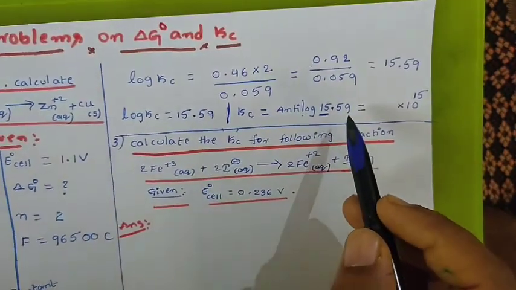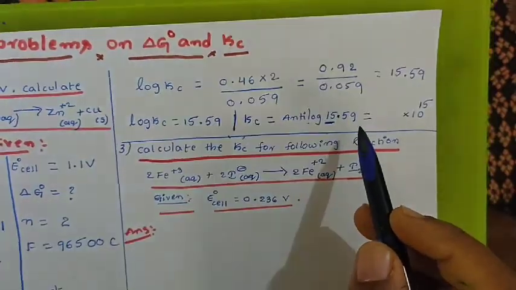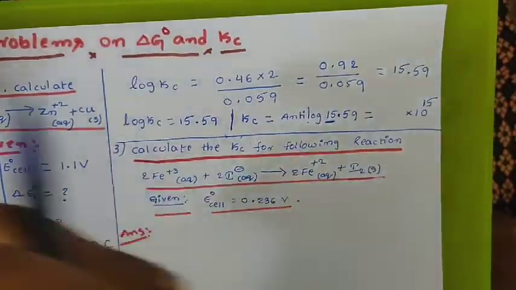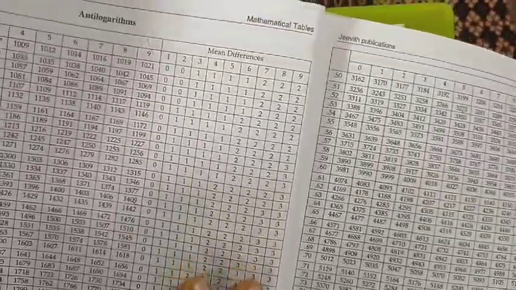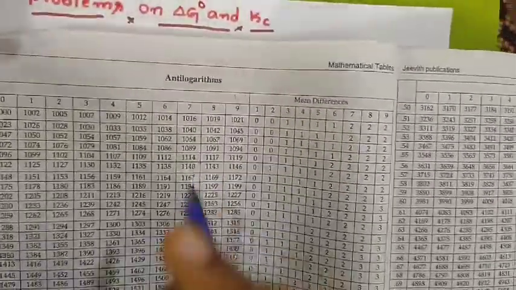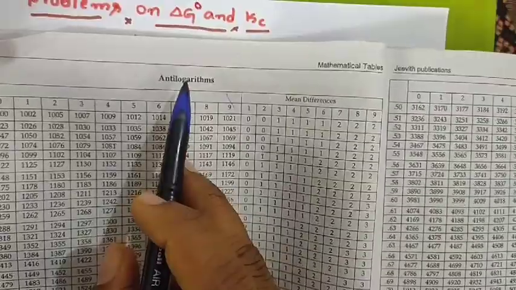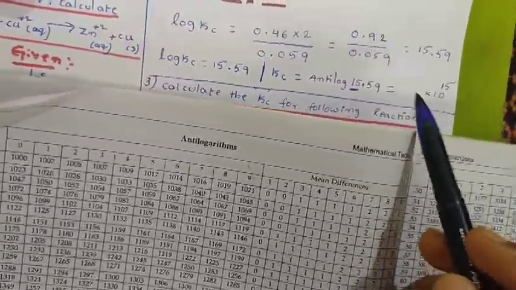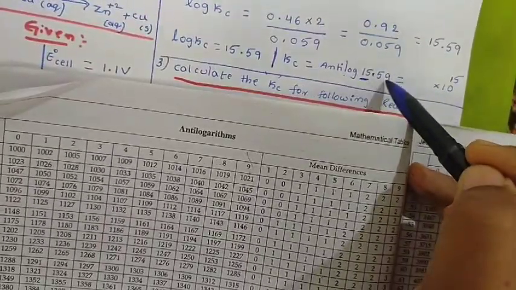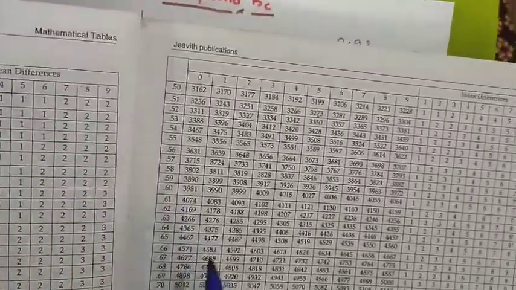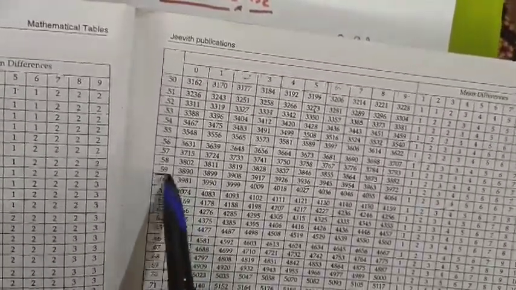Now we have 59. We have to take the anti-logarithm table. In this anti-logarithm table, we have to search for the point 59.